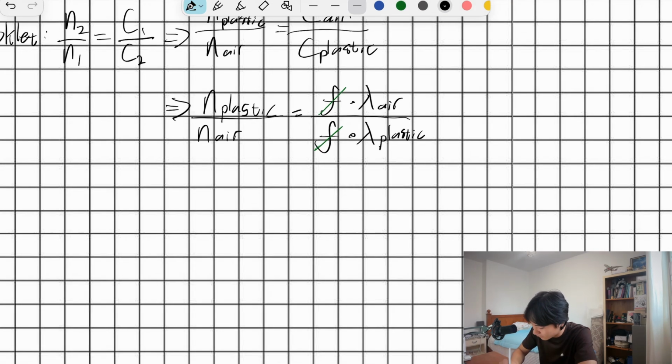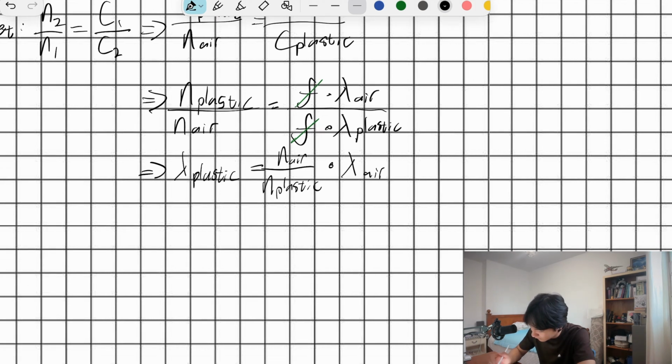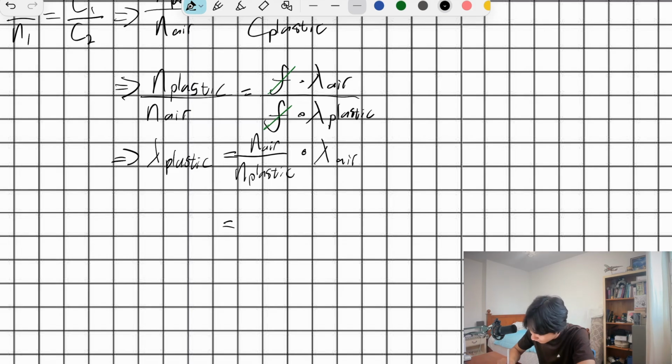So we get this new relation that lambda plastic is equal to n air over n plastic, which is algebraic manipulation, times lambda air. Here n air was 1.00 and plastic was 1.55, and the wavelength was 532 nanometers.